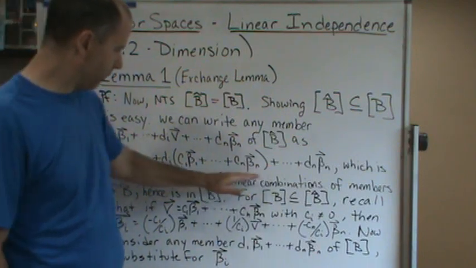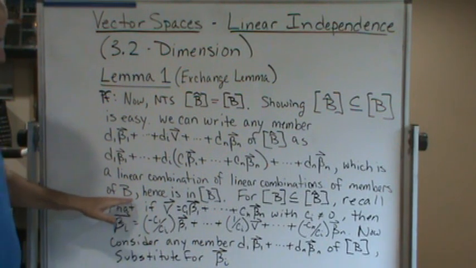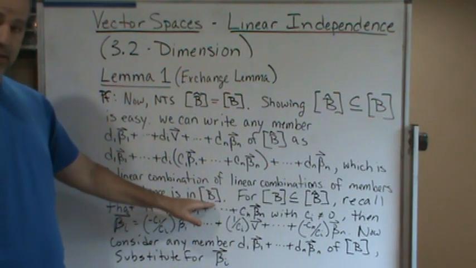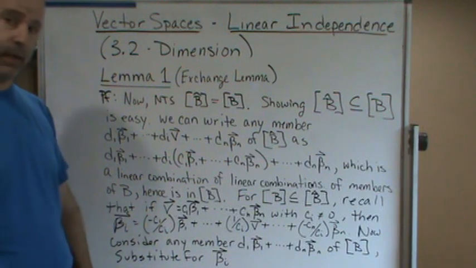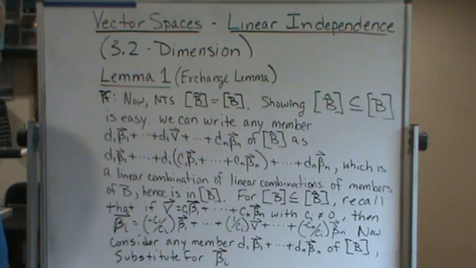And what do we get here? This is a linear combination of linear combinations of members of B, and hence has to be in the span of B. Remember the linear combination lemma, right? So that part is easy and done.